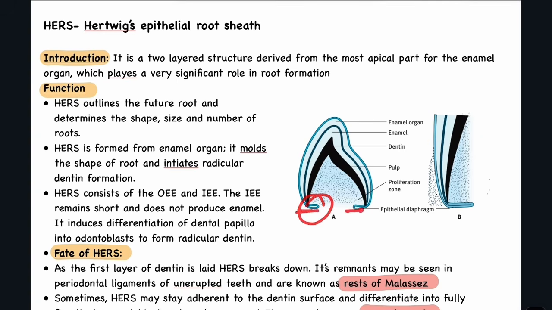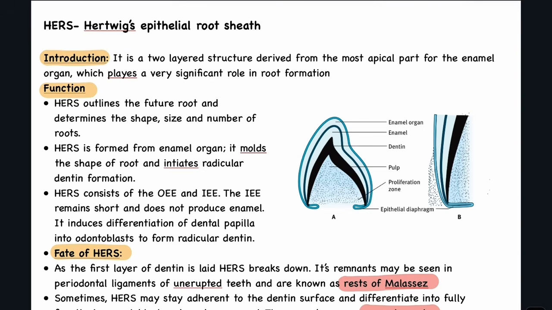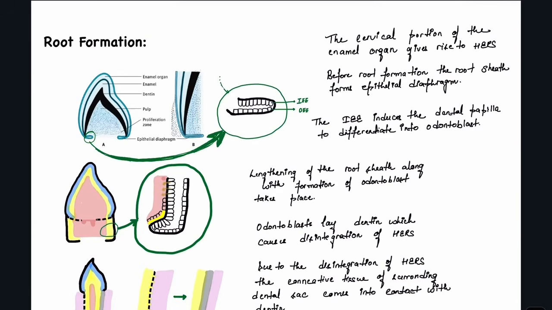Okay, it forms a 90-degree angle, and this is called Hertwig's epithelial root sheath. Okay, so this is the Hertwig's epithelial root sheath, and this will form the entire root. So I will explain to you how first the root is formed and then I'll explain to you the HERS. So this is the structure of the Hertwig's epithelial root sheath.